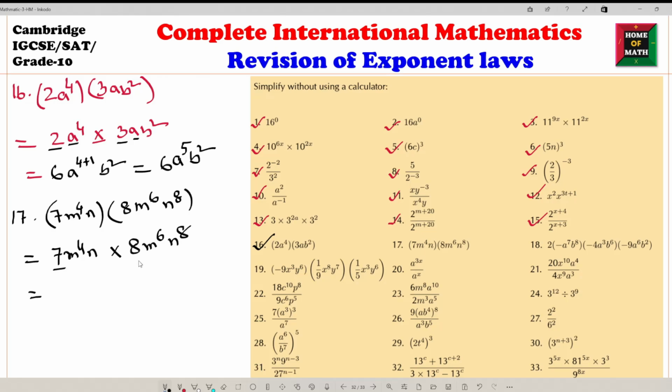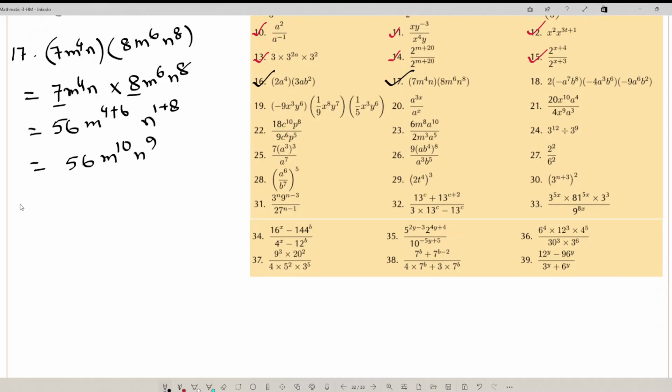Now look, 7 multiply 8 is 56, m to the power 4 and m to the power 6 gives 4 plus 6, and for n, here the power is nothing, it means 1, 1 plus 8, right? So 56 m to the power 10 n to the power 9. 17 done.